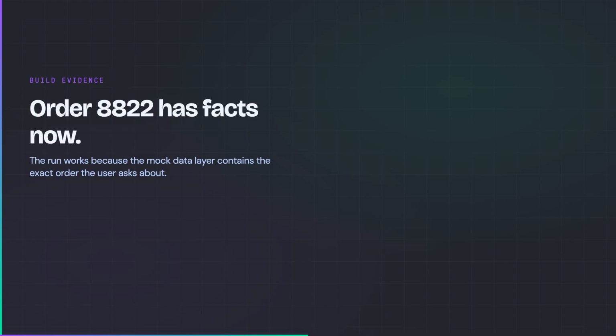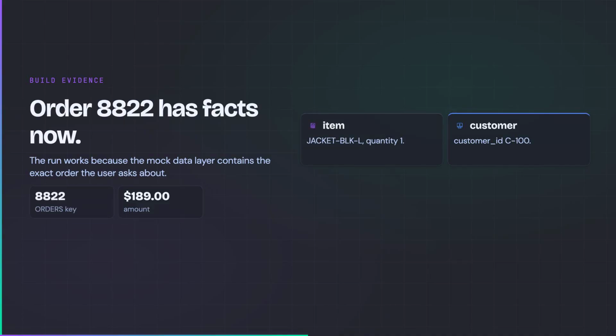Now make the example concrete. The next values explain why the printed answer is possible. Order 8822 is the exact key the customer provides. That gives the agent a specific record to retrieve. The amount is $189.